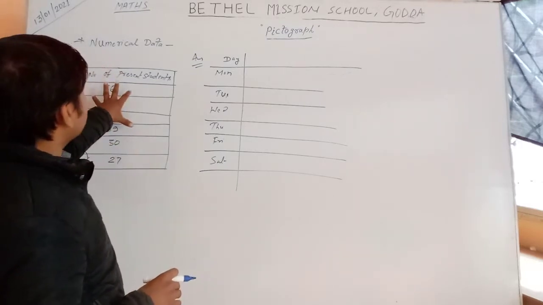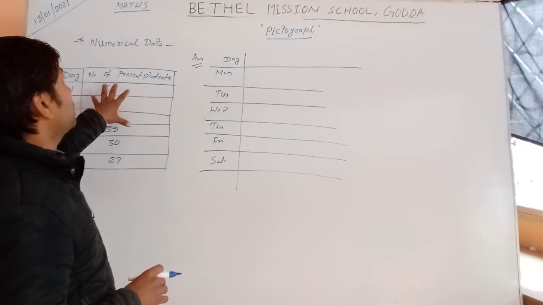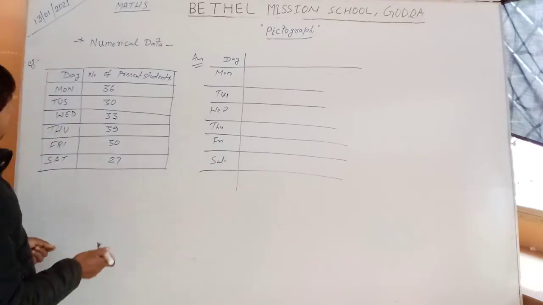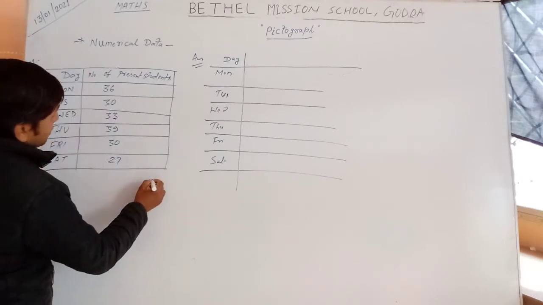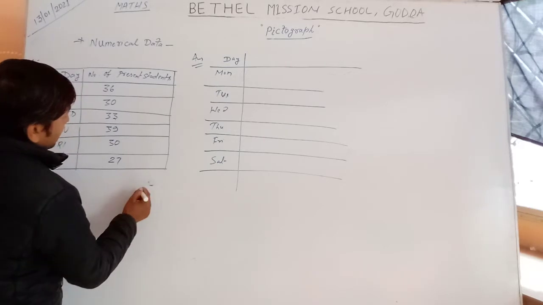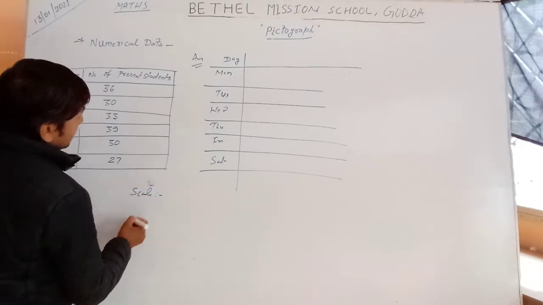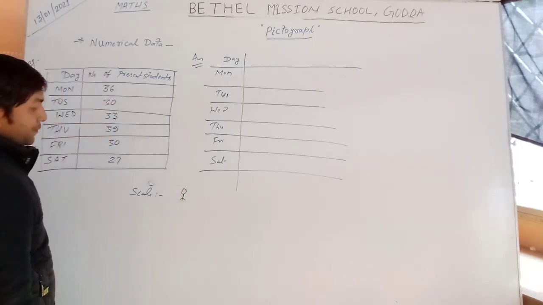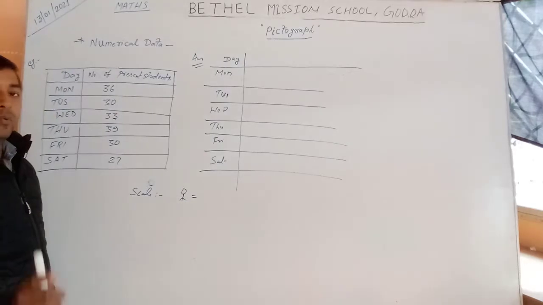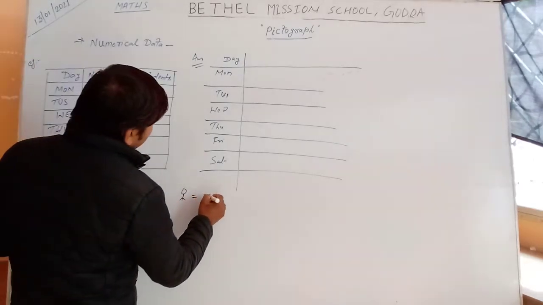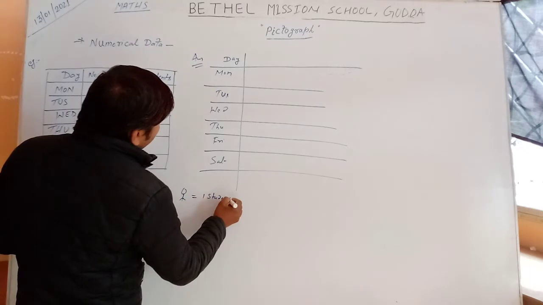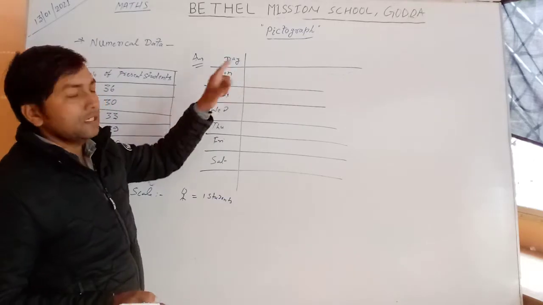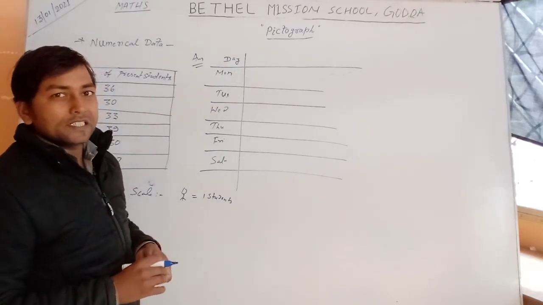Now this numerical data you have to represent by pictures. If you draw one picture, you have to decide in which scale you will draw. If you represent one picture for one student, you have to make 36 pictures, and it is a little tough.